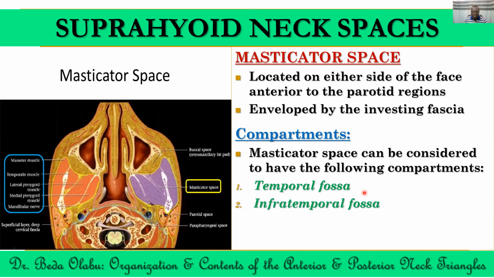We have the infratemporal fossa, which is below the zygomatic arch, so it's also called the infrazygomatic compartment. But within this infrazygomatic compartment, we may also have the pterygomandibular space. It's generally part of the infratemporal fossa.